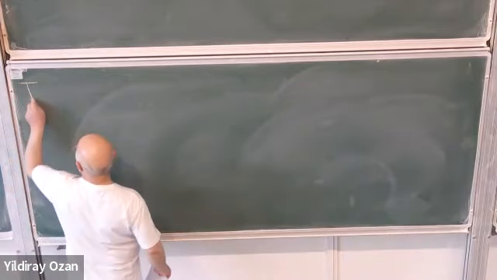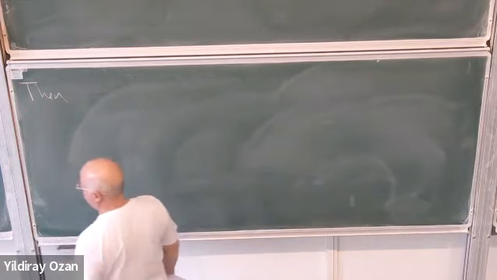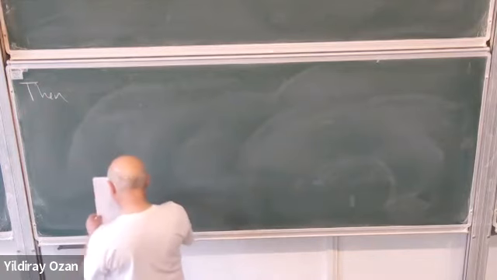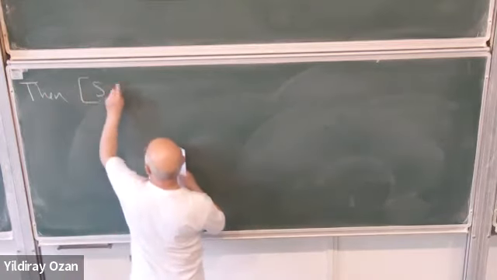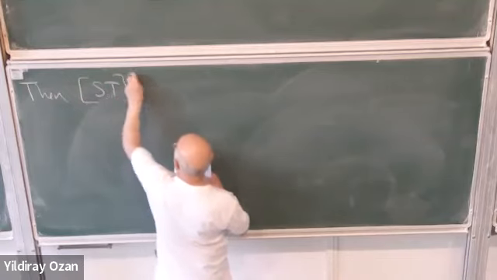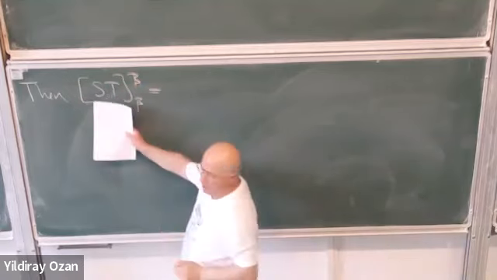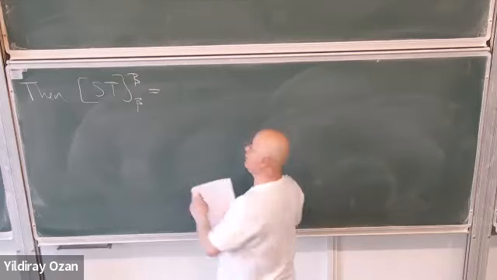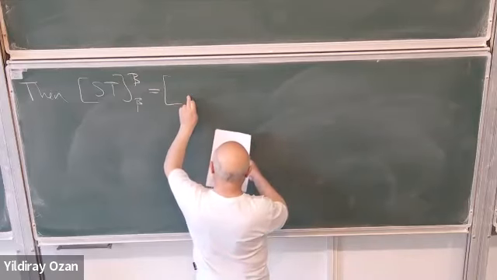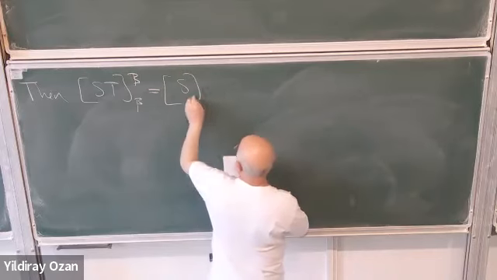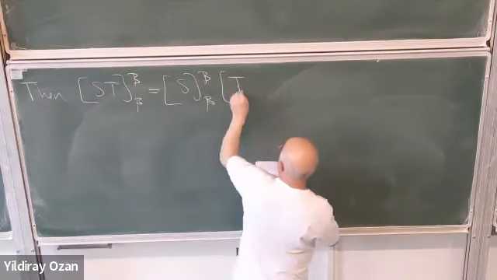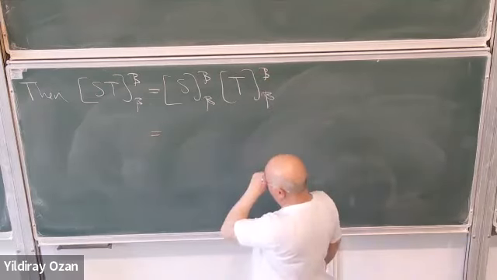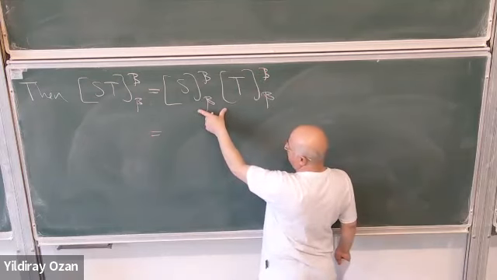But then, let's see. Then the matrix representation of S times T. What I mean, of course, is the composition of these operators. That can be written as the matrix representation of S and the matrix representation of T. But these are diagonal matrices.